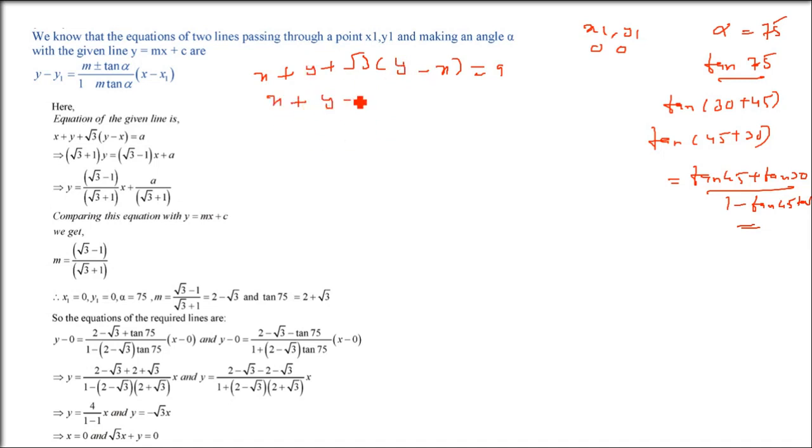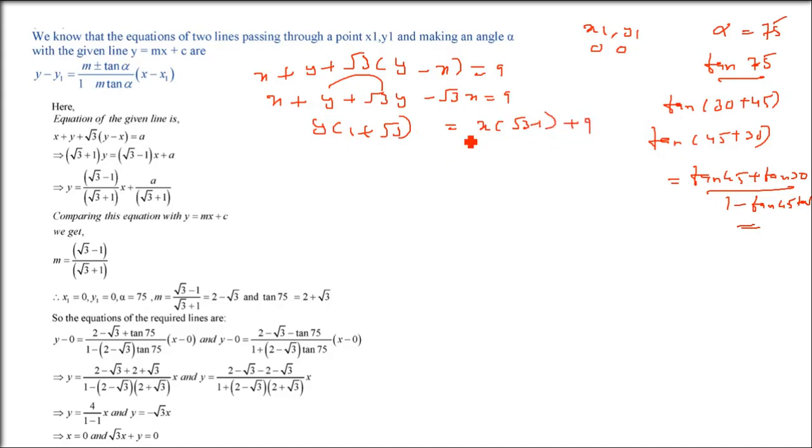So x plus y plus root 3 y minus root 3 x equals a. Now combine this y: y times (1 plus root 3) you'll get. And here I am taking the x term to the right hand side, so this will be x into (root 3 minus 1), and plus a is already there.